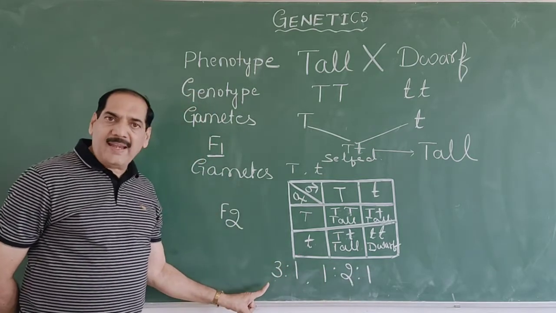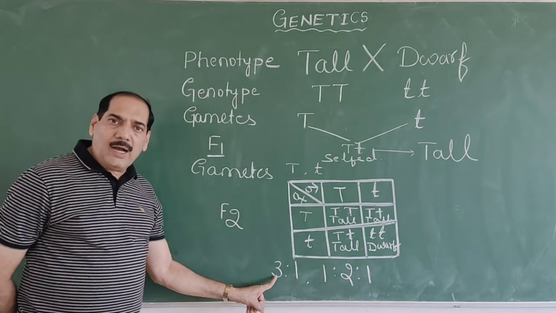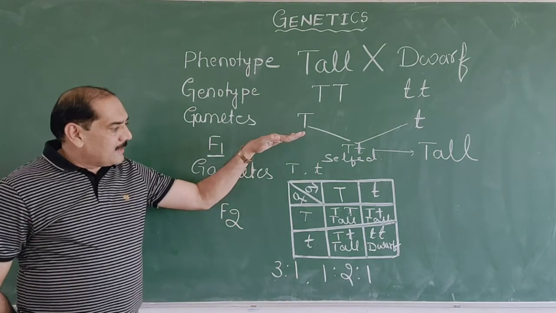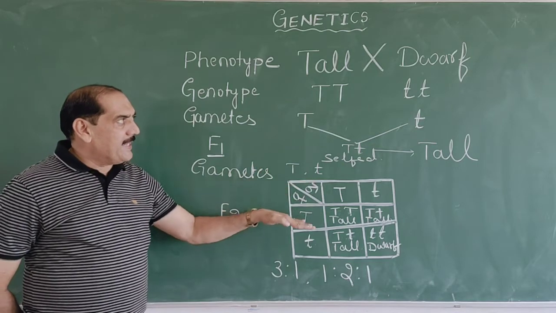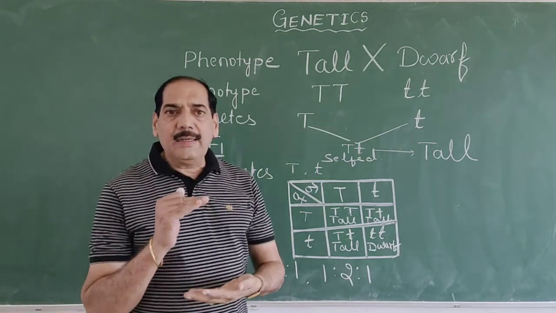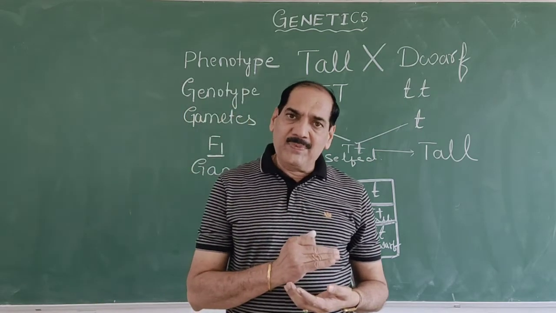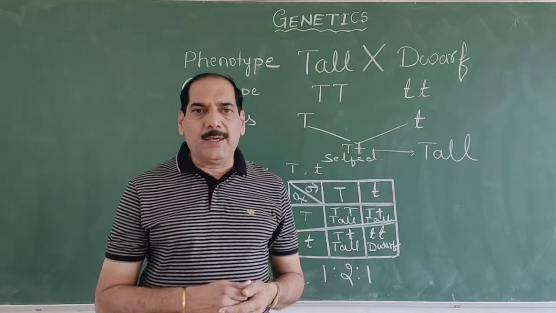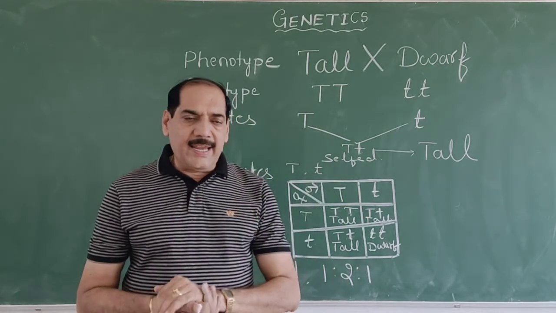Two types of plants developed in the ratio of 3:1. So this is the mechanism of inheritance of the height or length of the stem in a pea plant. This is about the one gene inheritance.